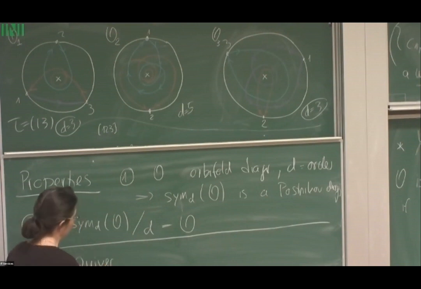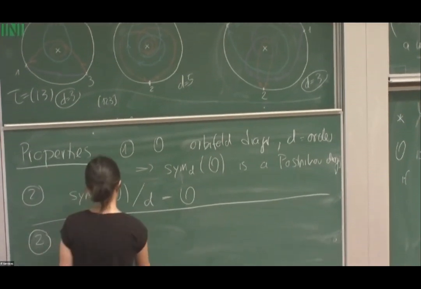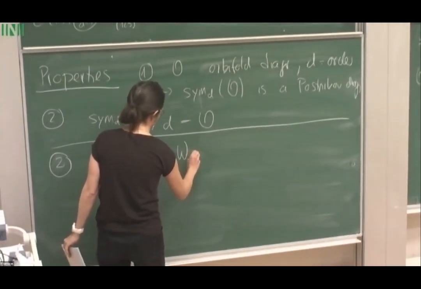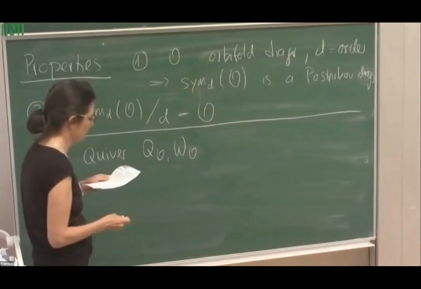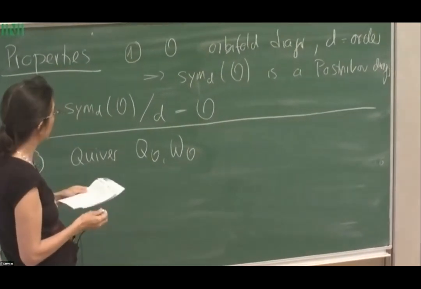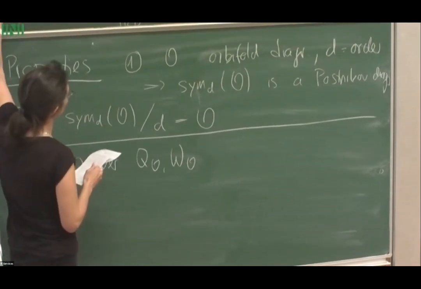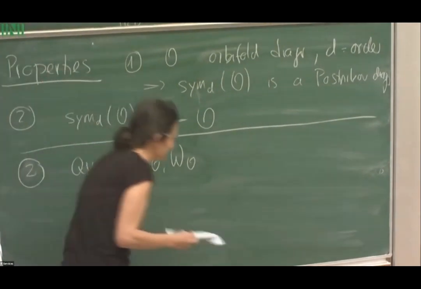So it's going to be a quiver with potential Q_O and W_O. The vertices of Q_O will come from the alternating regions.